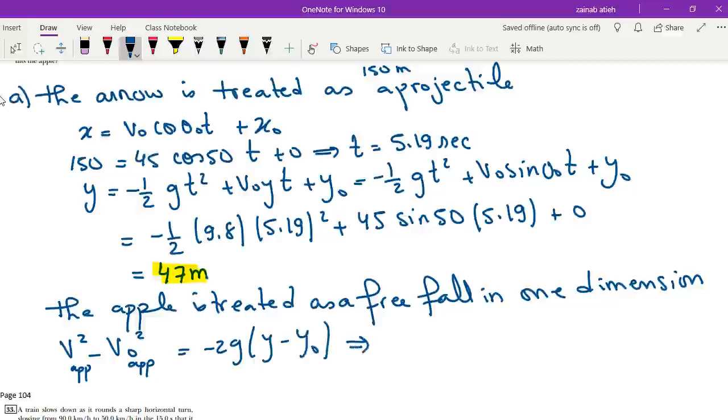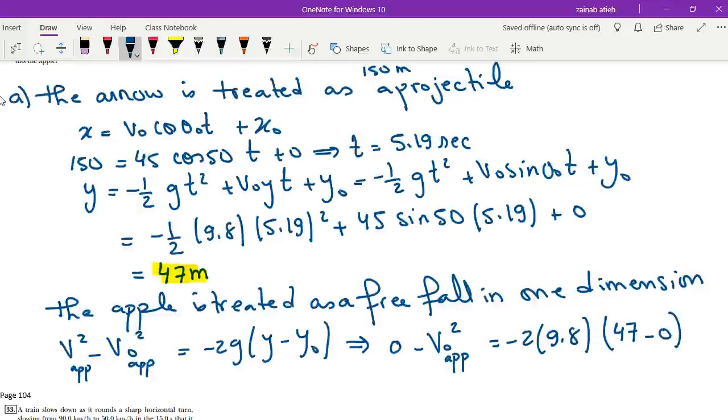This implies that when the apple reached the arrow, we threw it with the minimum speed, meaning it just reaches the arrow and its velocity, or speed, is zero, because I want the least possible speed. So v for the apple is 0 when it met the arrow, minus v0, this is the velocity I'm searching for, equals minus 2 times 9.8 times y, the y where I found the arrow, which I have already found, 47, and minus y0 was 0 for the apple.